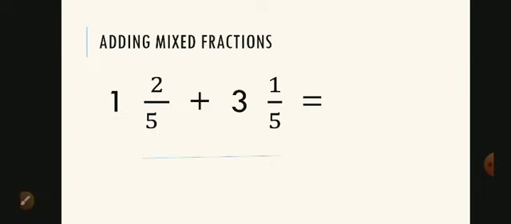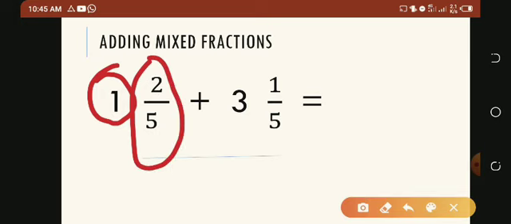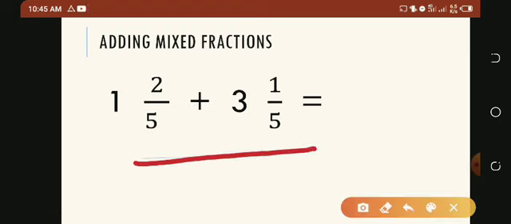Now let's try adding mixed fractions. You know, we said in one of the classes that a mixed fraction is a fraction that has a whole number and a fraction. So we want to try and add mixed fractions. So what's the first thing I will do? I draw my line.